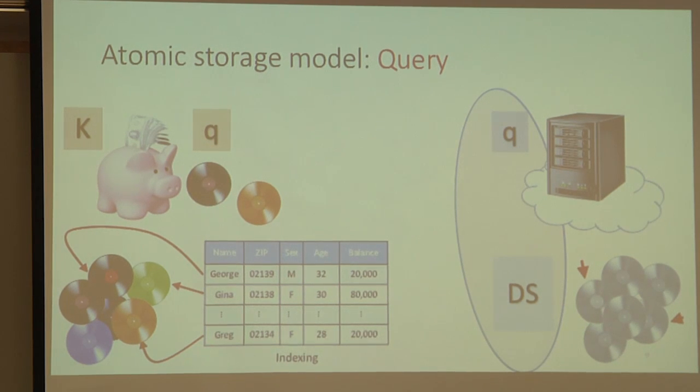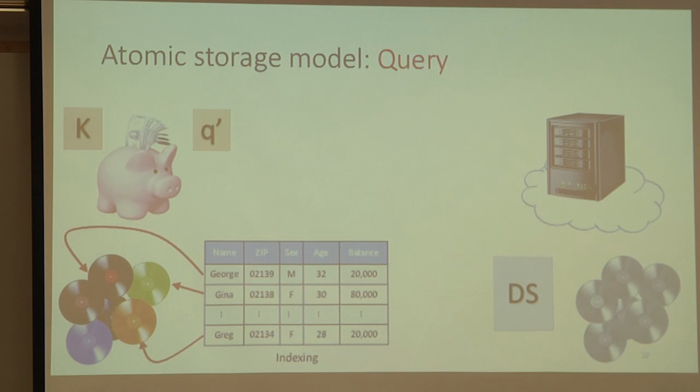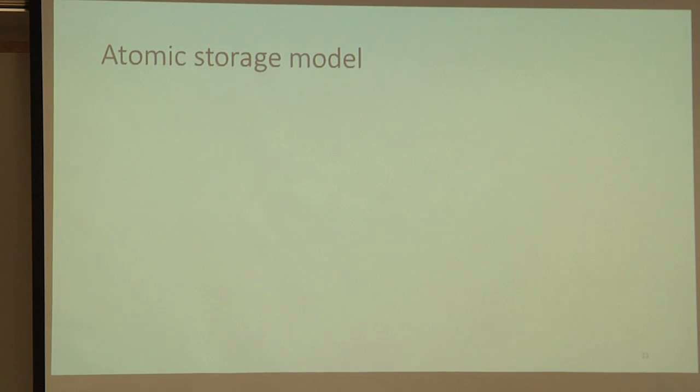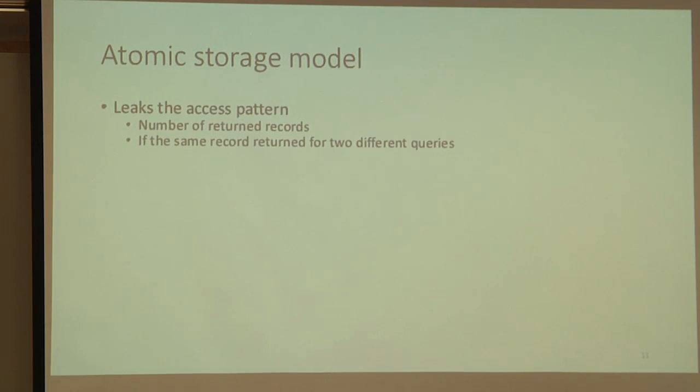Now, if we want to ask another query, we encrypt it, send it to the server, again use the data structure, and retrieve the record we need. In this case, we retrieve the same encrypted record. The one issue with this model is that it leaks the access pattern.